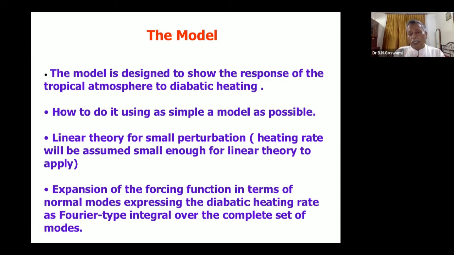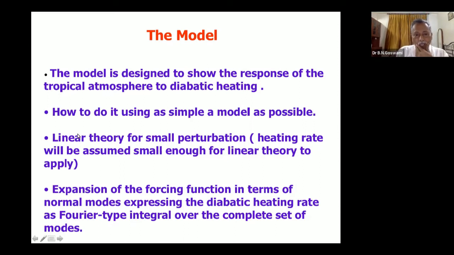We are assuming a first baroclinic mode vertical structure of the heating, and then the horizontal structure equations are essentially the horizontal structure for that particular assumed vertical structure.